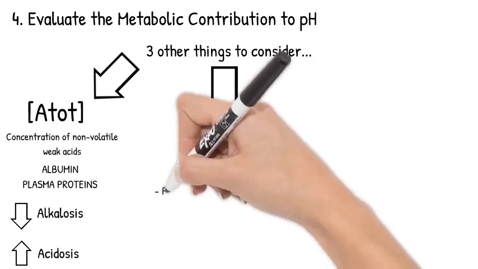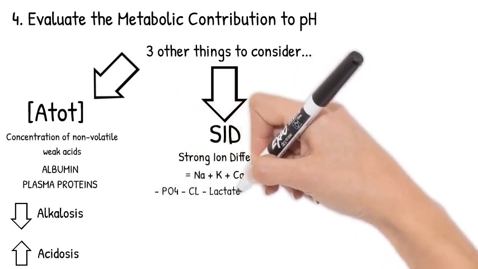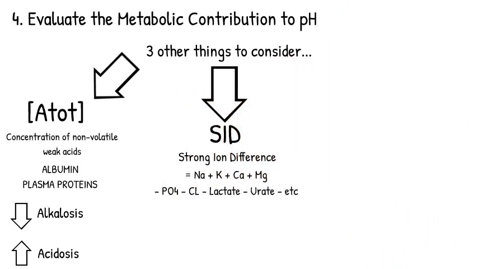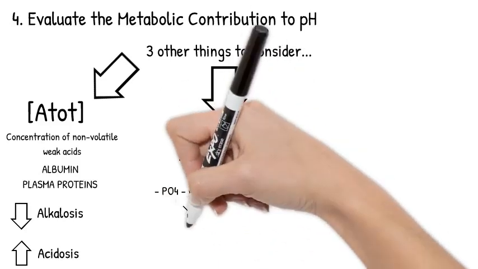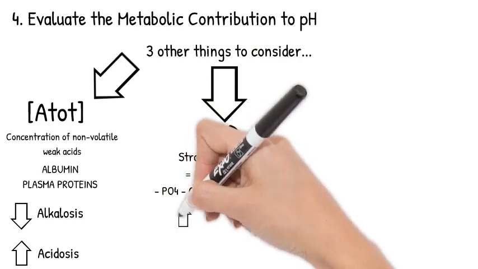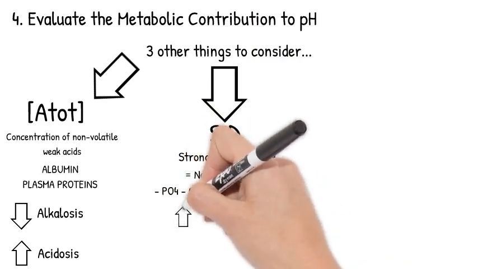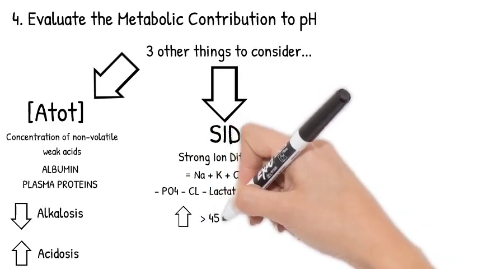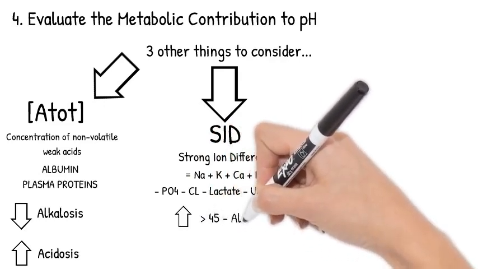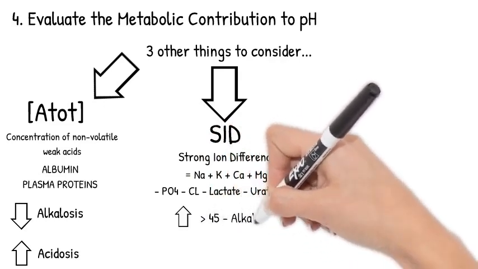Now, when you have an increased strong ion difference, and that would be more than 45, the patient is actually alkalotic, right? And when you have a decreased strong ion difference, then the patient is going to be acidotic.